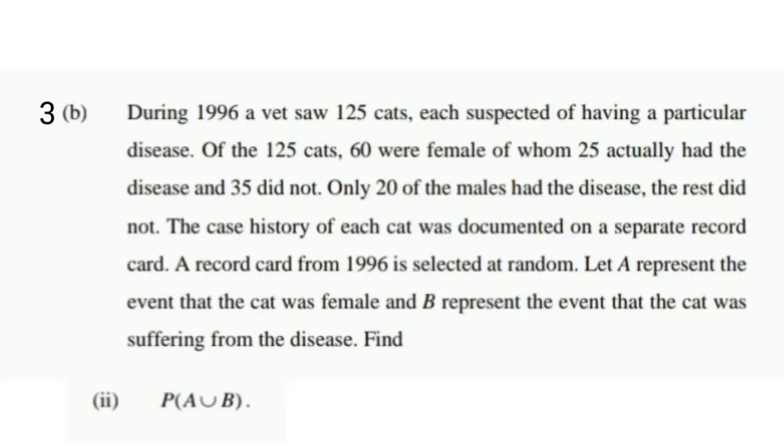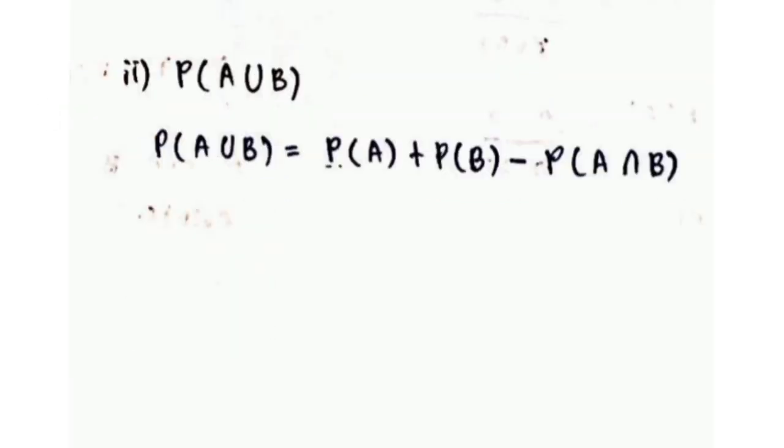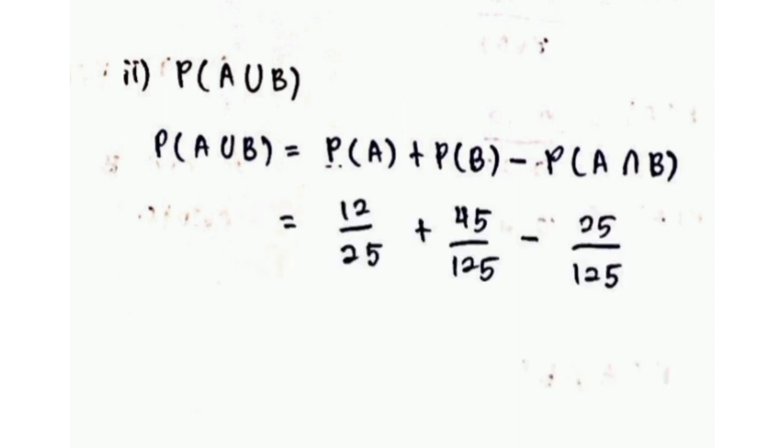Next, question number 3B2 asks us to find probability A union B. To find it, first we do probability A union B equal to probability A plus probability B minus probability A intersect B. Then we substitute the values: probability A is 12 per 25, probability B is 45 per 125, and probability A intersect B is 25 per 125.